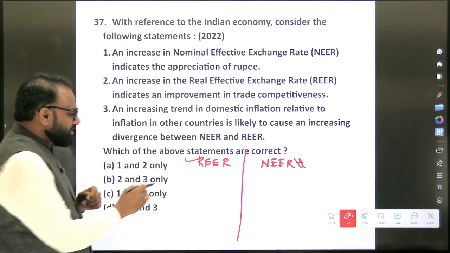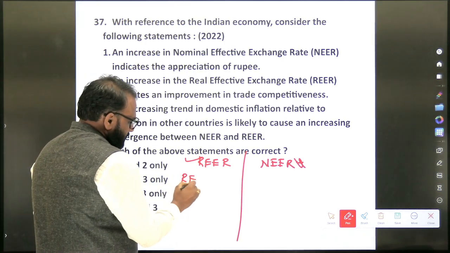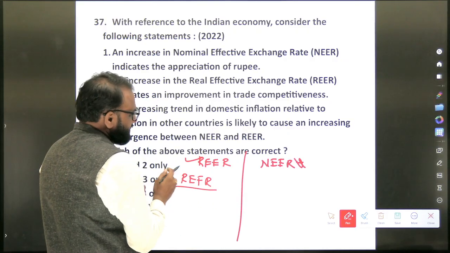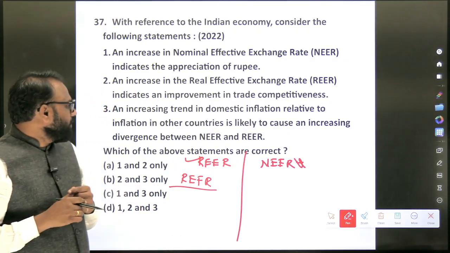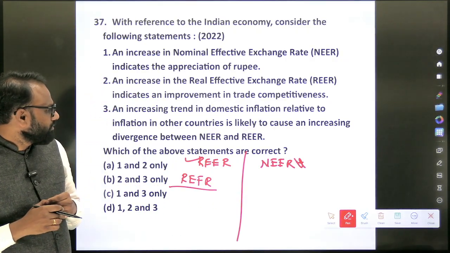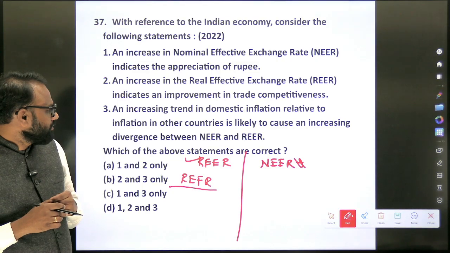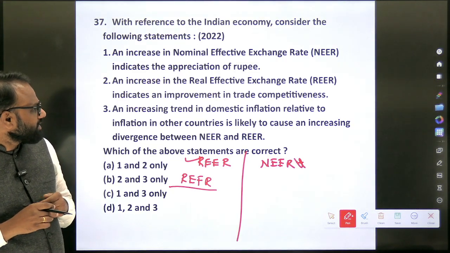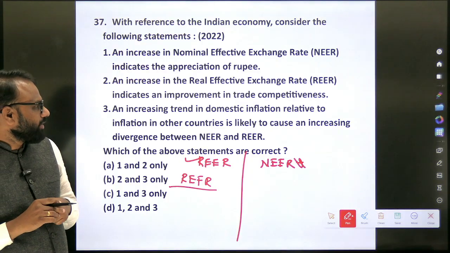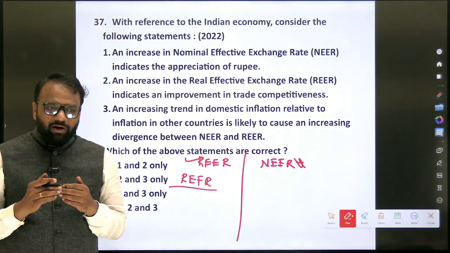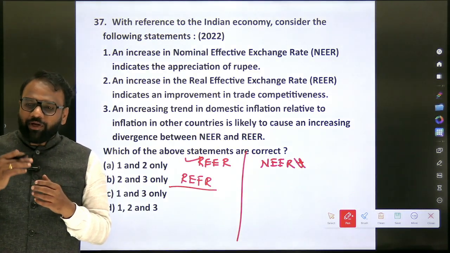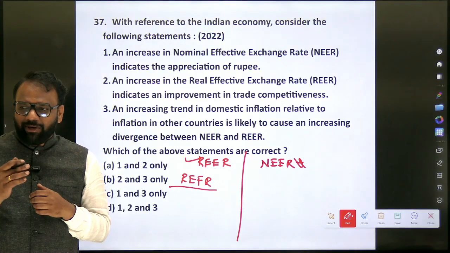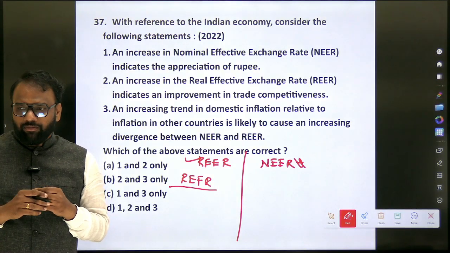So when REER increases, what happens to trade competitiveness? Whether our product will become more competitive in the external world, or less competitive? More competitive, yes.